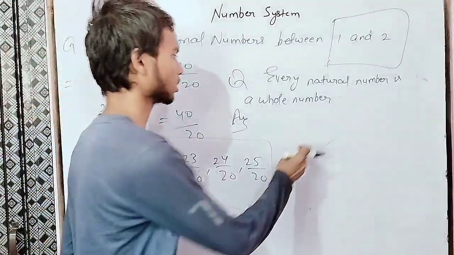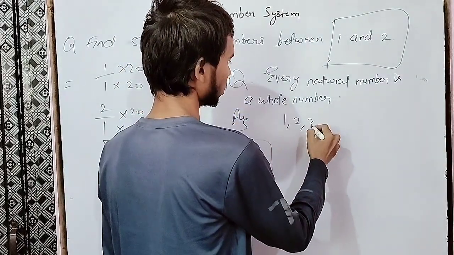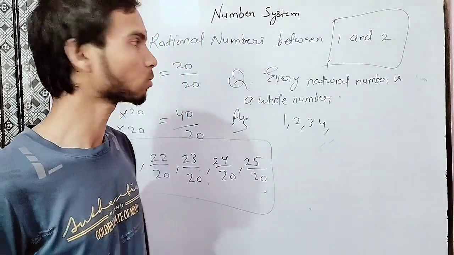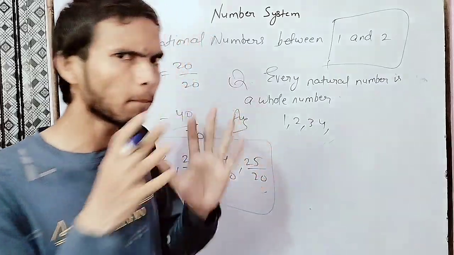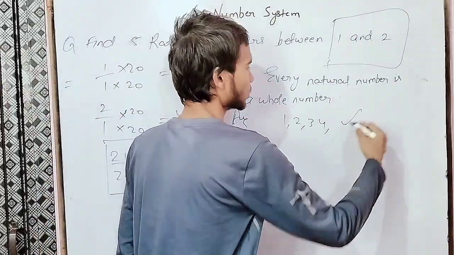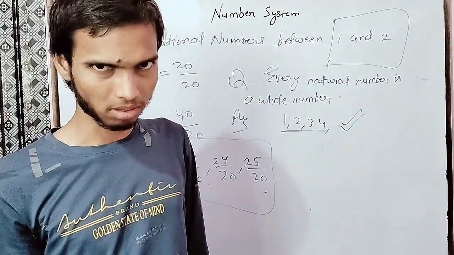How can you define it? Look, natural numbers are 1, 2, 3, 4. Now, whole numbers. Yes, we can say every natural number is a whole number. This is true. All of these come in whole numbers.